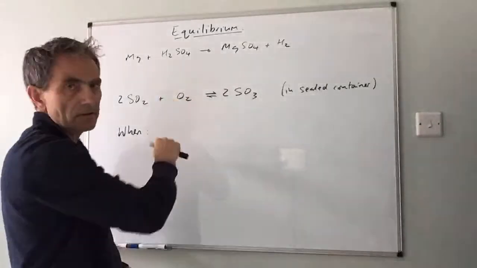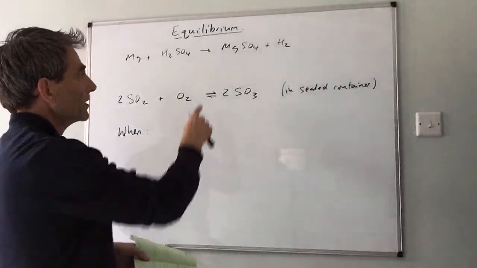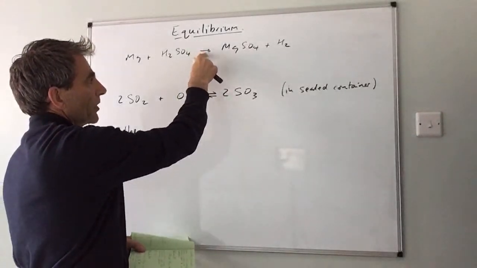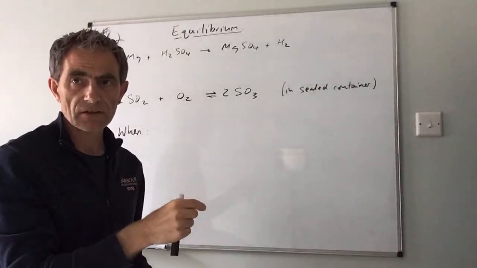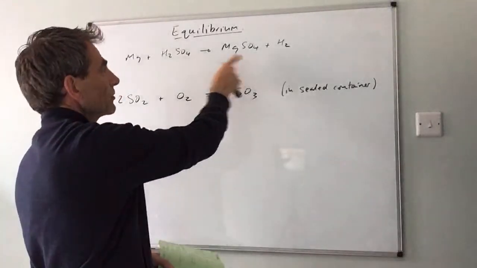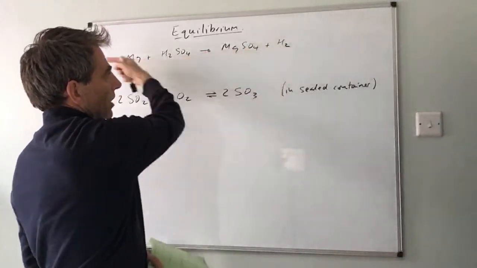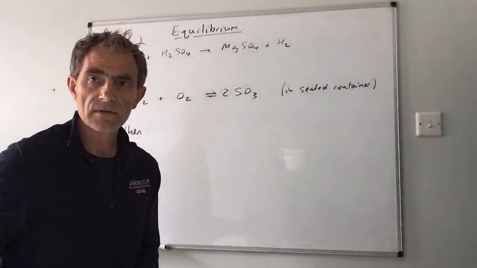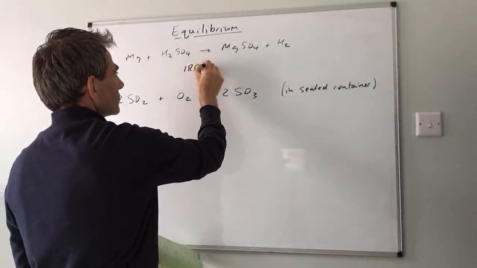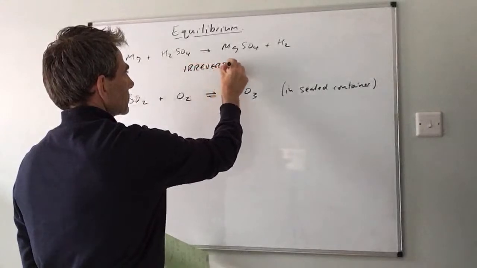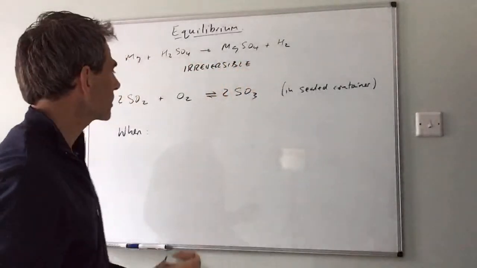When the fizzing stops, the reaction's over, and basically it's an irreversible reaction. It can't be reversed. You can't take the hydrogen and magnesium sulfate and send the reaction backwards. So this is an irreversible, one-way reaction.